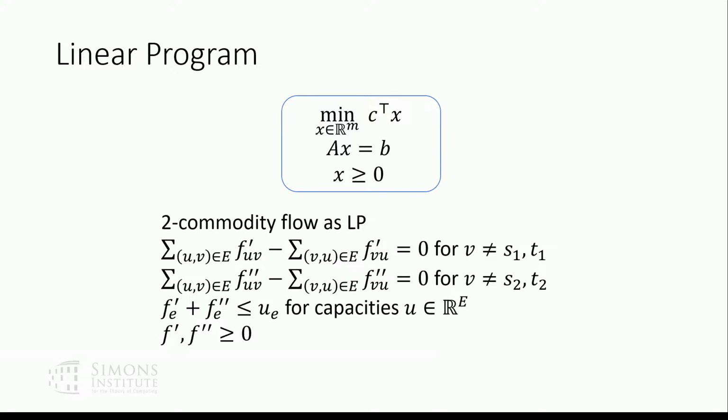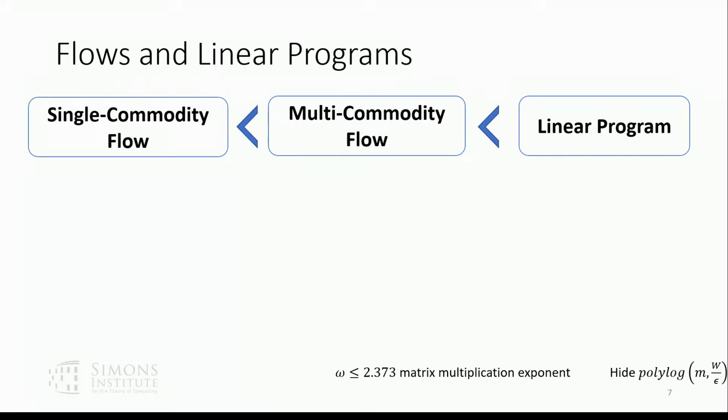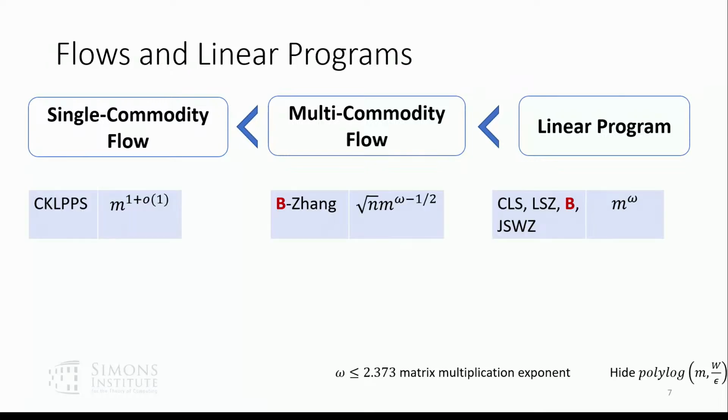And you want that the capacities are satisfied for the sum of the two flows. So we can model these previous two problems, like single commodity and multi-commodity flows, easily as a linear program. And yeah, that directly gives us some obvious hierarchy, right? We can say that, okay, single commodity flows, they are captured by multi-commodity flows, and they are then captured by linear programs. And this order of hardness we can also see in the algorithms.